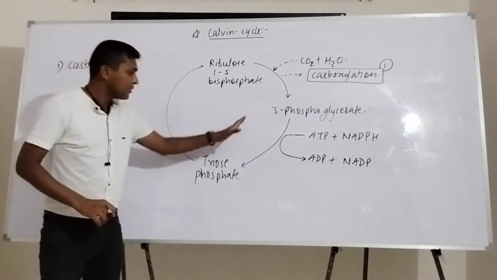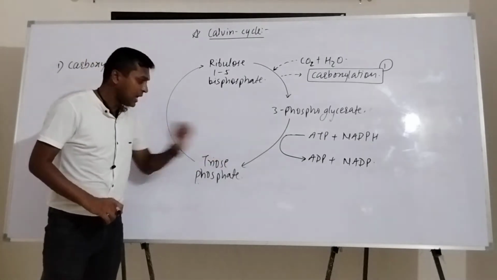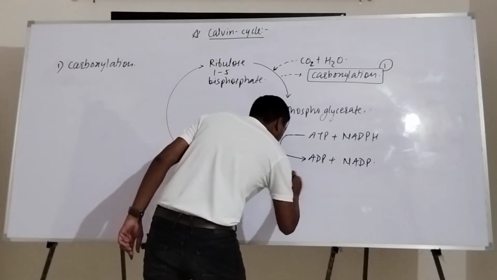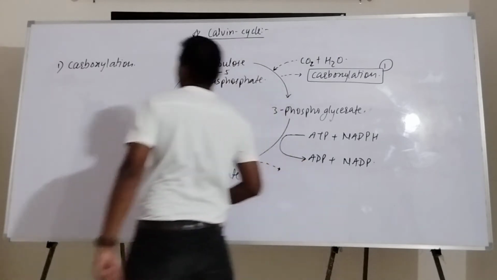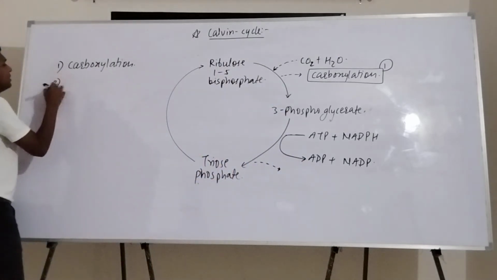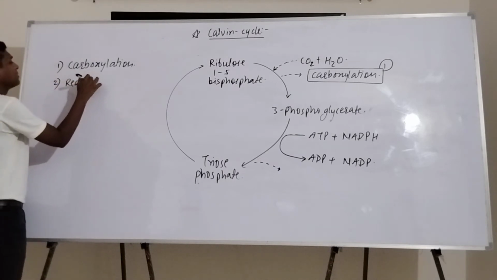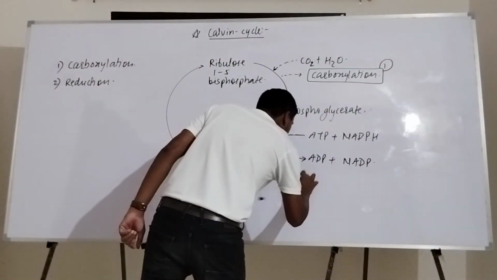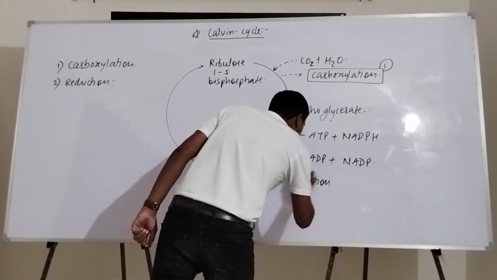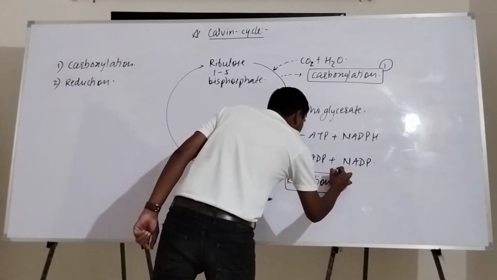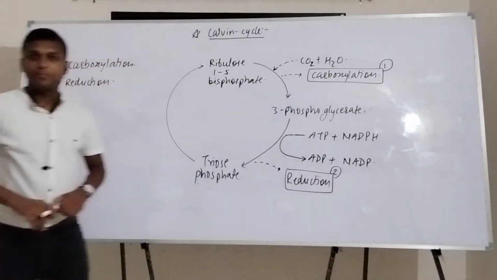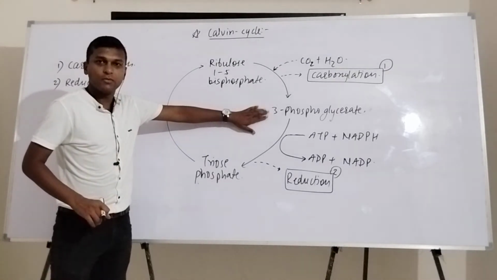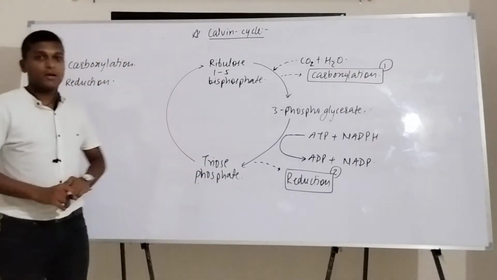That means hydrogen, with the help of some energy, is added over here, and that's why this stage is called reduction. This is the second step. That is how 3 phosphoglycerate is converted into triose phosphate.